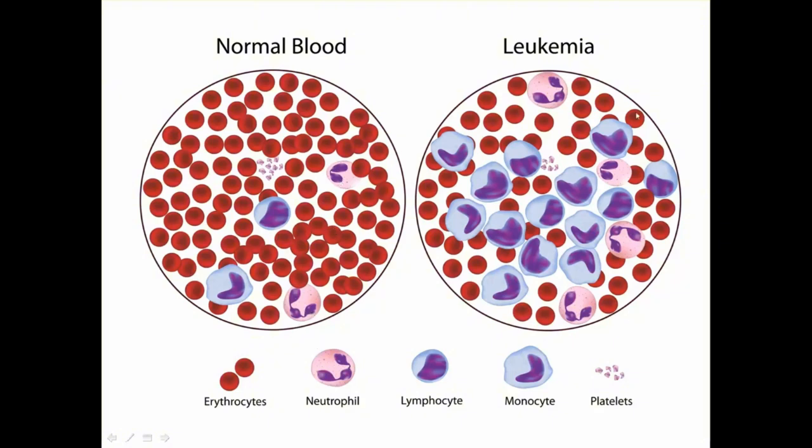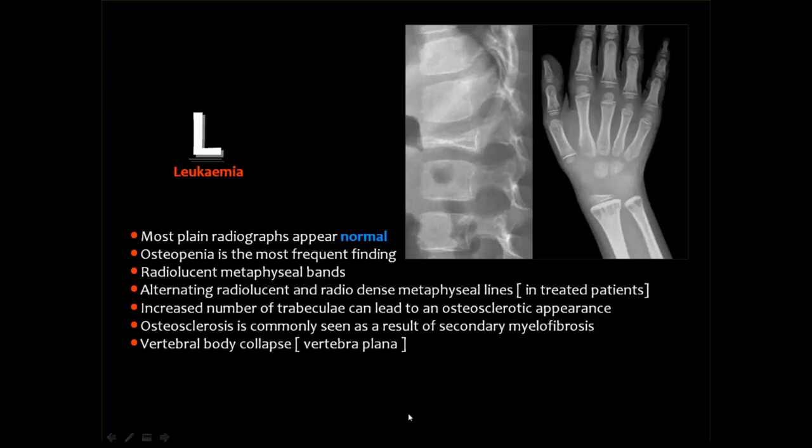But in cases of leukemia, you can see that most of the field is occupied by abnormal white cells, and there is a significant reduction in the number of the RBCs as well as the platelets. Then we should consider that most of the radiological findings in leukemia are not pathognomonic.